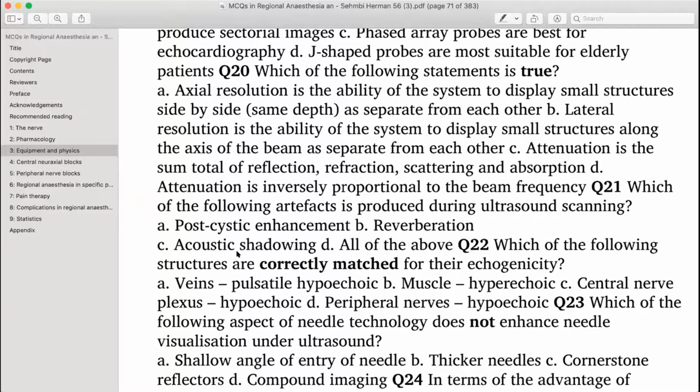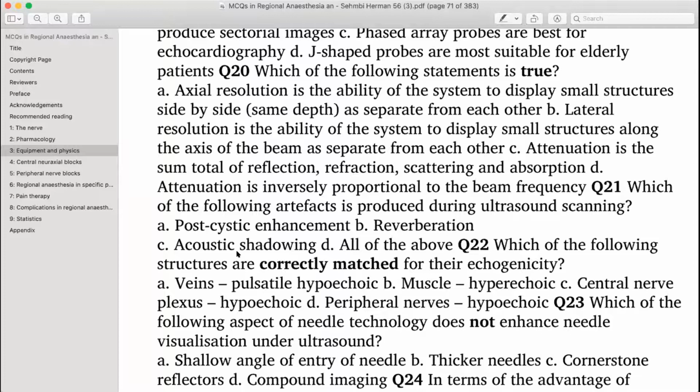Listen to the question carefully. You are doing only ultrasound scanning, you are not doing anything else. So which of these is happening?